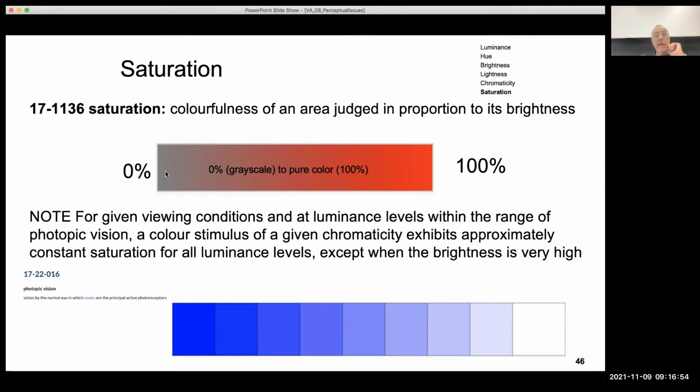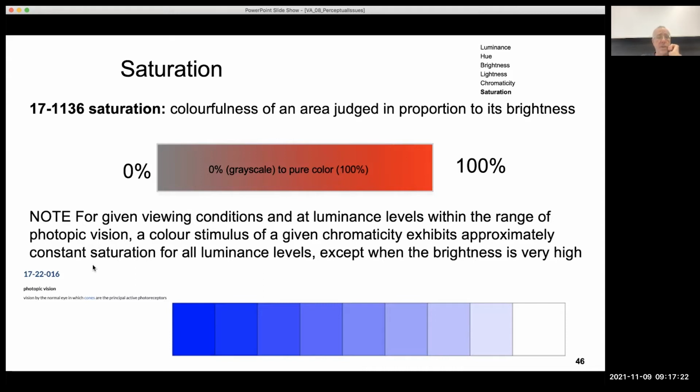And this is a nice way to represent an ordinal scale, because you perceive this as more saturated than this, you perceive this as higher than this, as a number. And you have that for a given condition of luminance level, in the range of photopic vision.